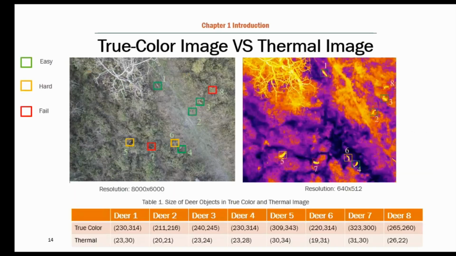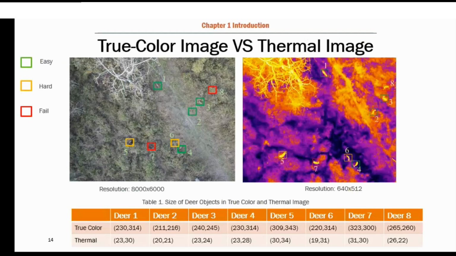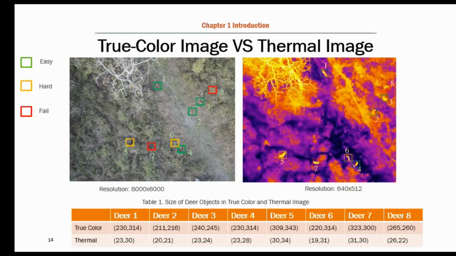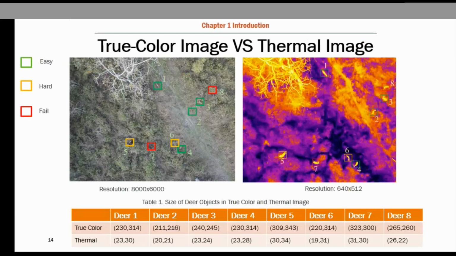And I'd like to use this slide to show why we have to use thermal imaging to monitor wild animals. On the left, we can see a high-resolution RGB image. In this image, the animals labeled by green boxes are easily detectable, but other animals labeled by yellow and red boxes are camouflaged under the dense canopies.